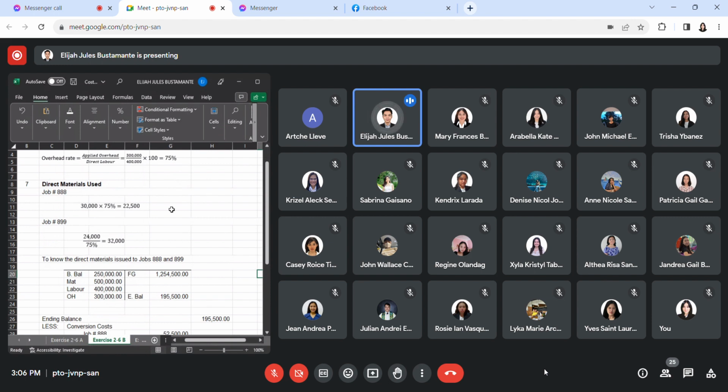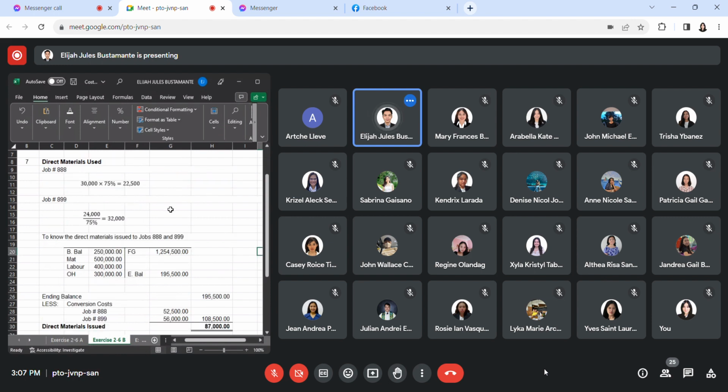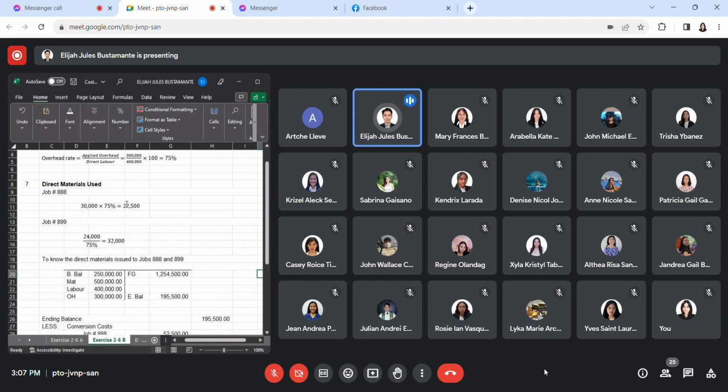Okay, so for number 7, ang gipangita is the direct materials used for both jobs. So first, taas-taas na process. The first thing we had to do is to find, for job number 888, na siya direct labor of 30,000. So atong pangitaon iya is ang iyang overhead, which is 30,000 times 75% from kanina overhead rate, which is equal to 22,500.